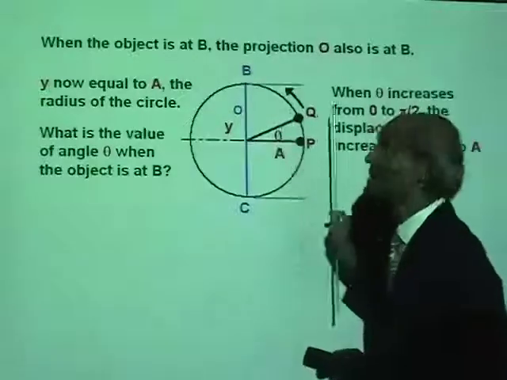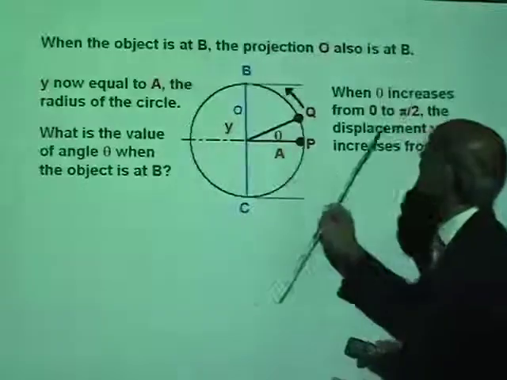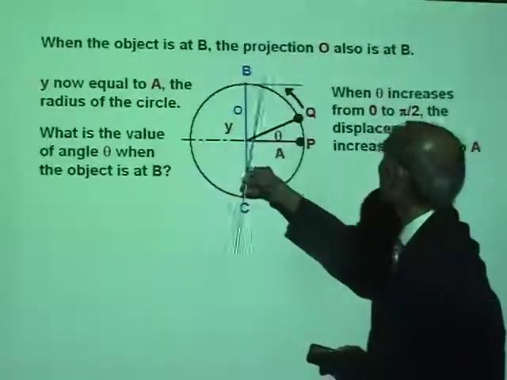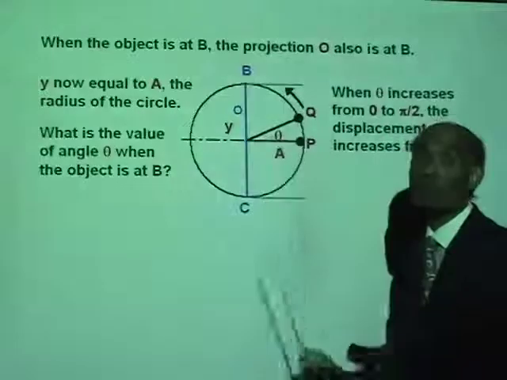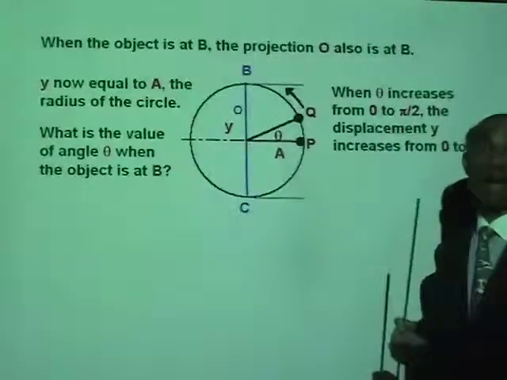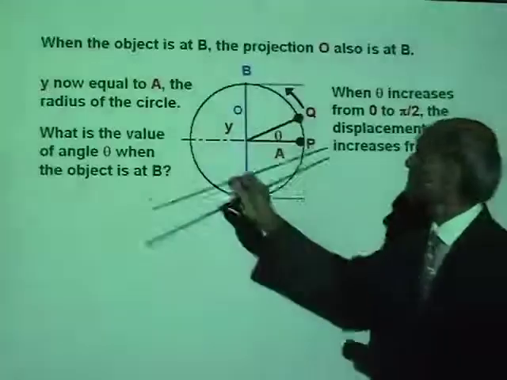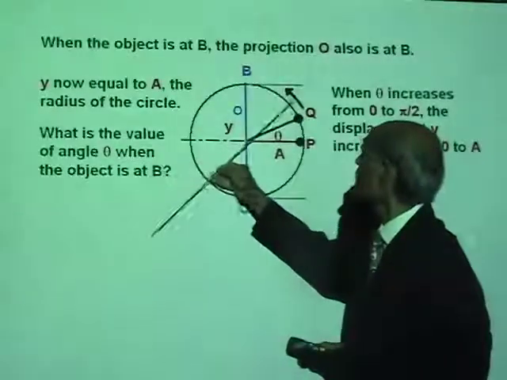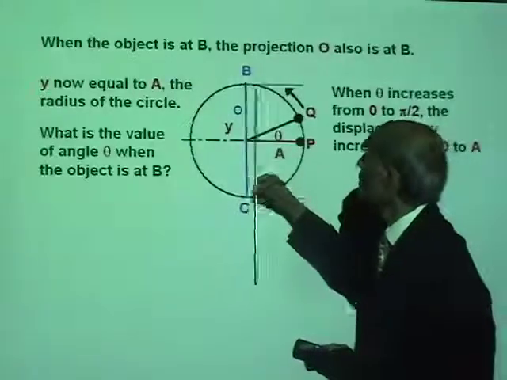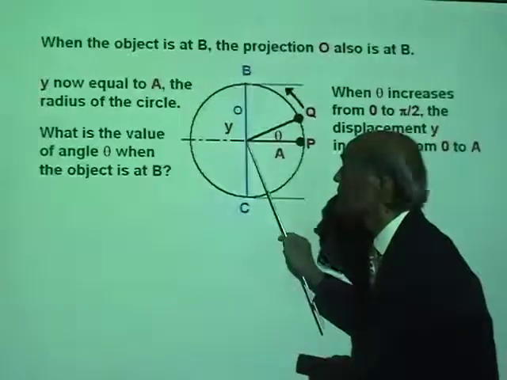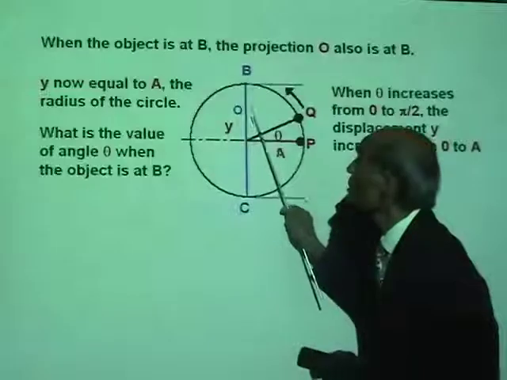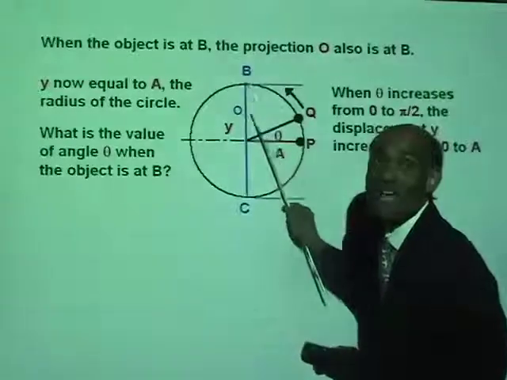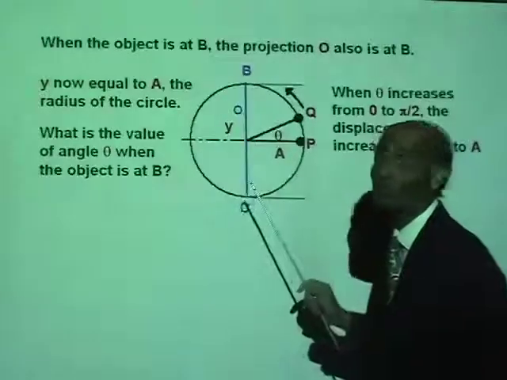So when theta increases from 0 to pi by 2, what happens to the displacement y? As theta increases from 0 to pi by 2, the displacement y increases from 0 to a. Here its value is a, the radius of the circle.